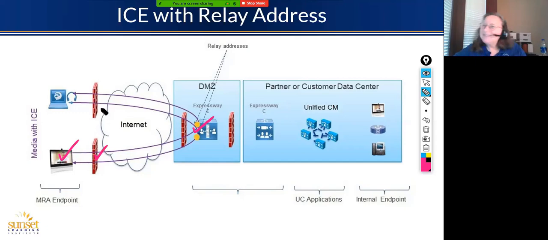And that's not always going to be an easy thing to do. So in a case like this, from an easily reachable standpoint, the only IP address they can both really get to is the Expressway E. So this becomes the relay address for them to send their media paths back and forth.